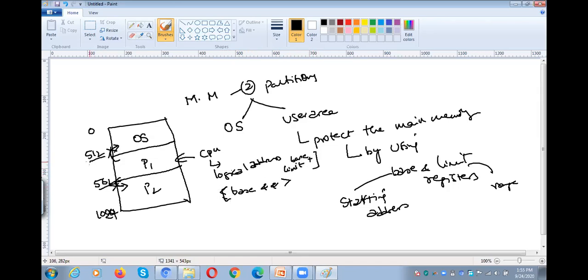What is the base? It needs to be greater than or equal to base. For example, 512 or greater than 512. Then it will be considered a P1 address, right?